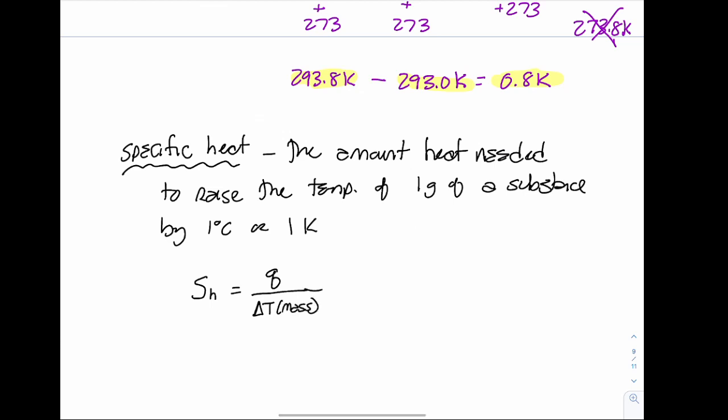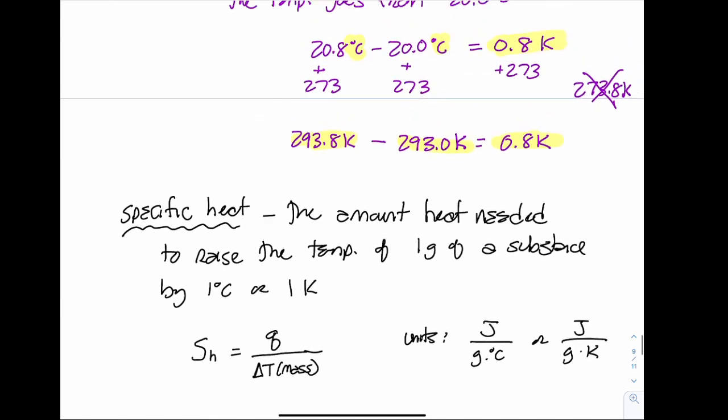Grams are part of that. My units are going to be joules per gram. It doesn't matter if it's delta T first or mass. You could swap these. So you could do degree C times grams, or joules per gram Kelvin. Again, those being the same thing.